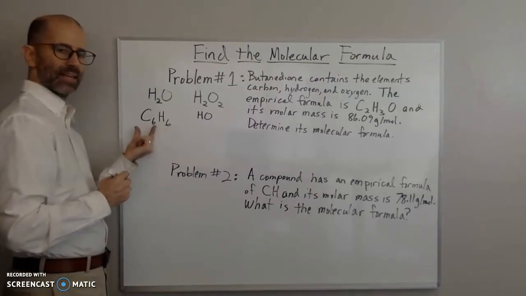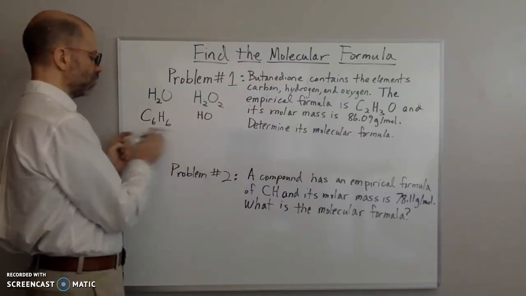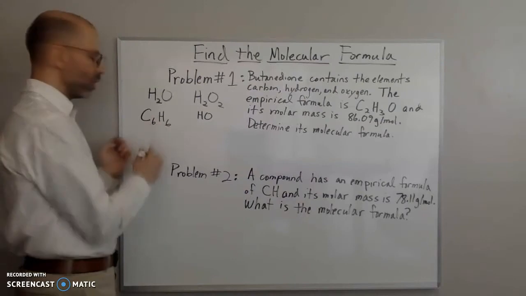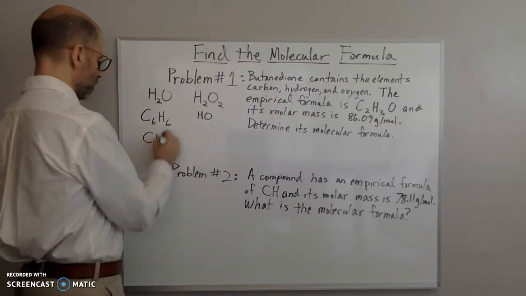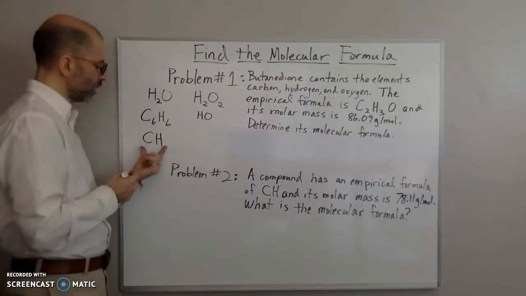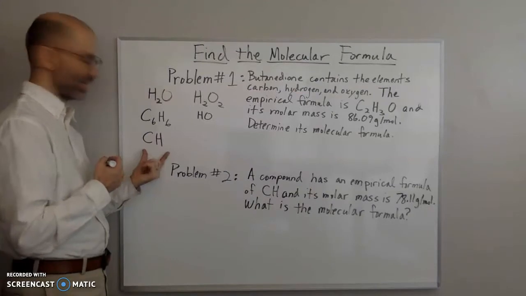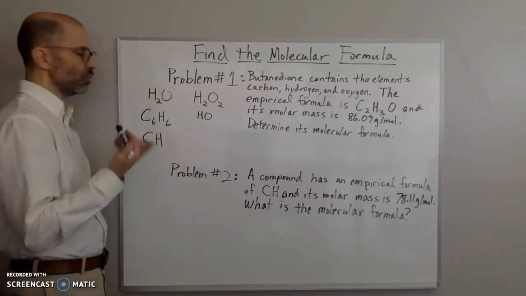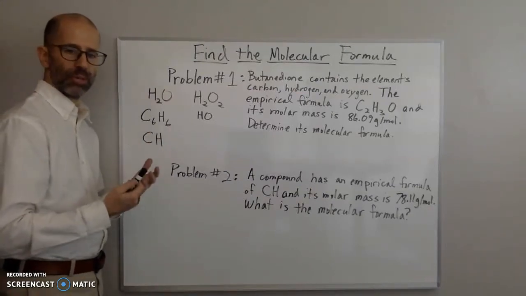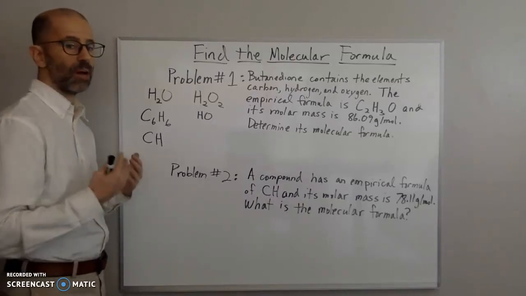It has 6 carbons and 6 hydrogens. But the empirical formula, if I simplify this to a 1 to 1 ratio, it would be CH. Right? So the difference between the empirical formula and the molecular formula for benzene is a factor of 6. So the difference between your empirical formula and the molecular formula will always be some factor.